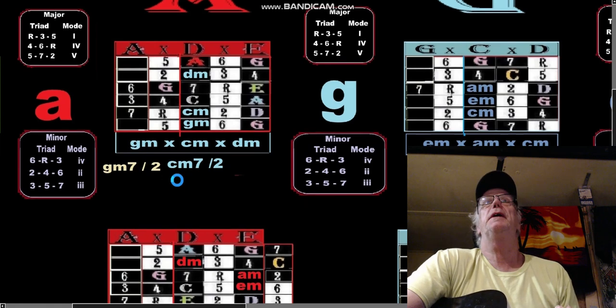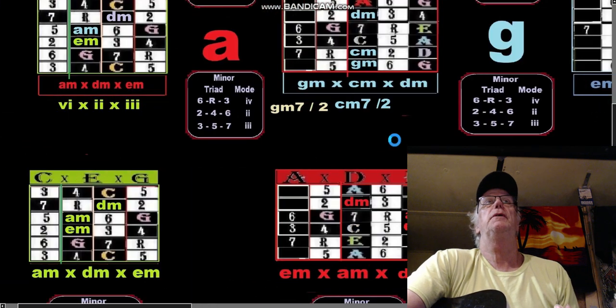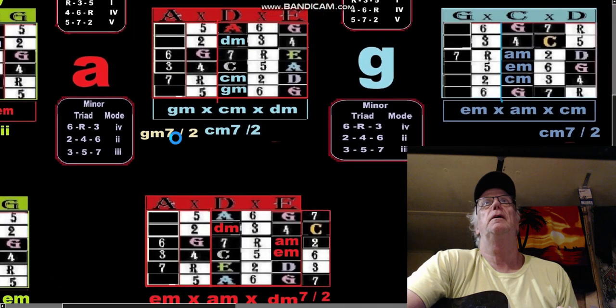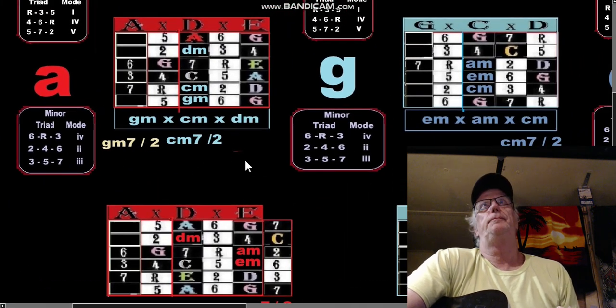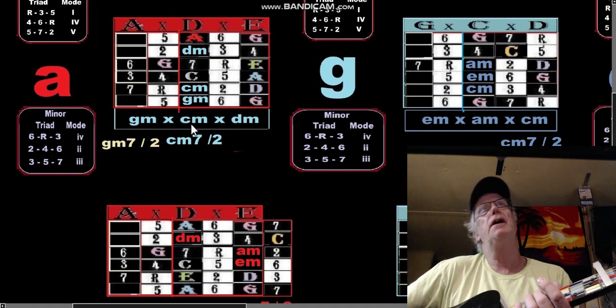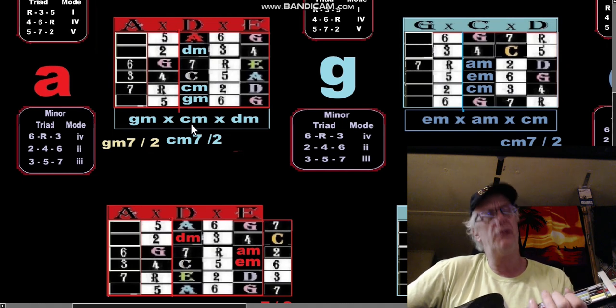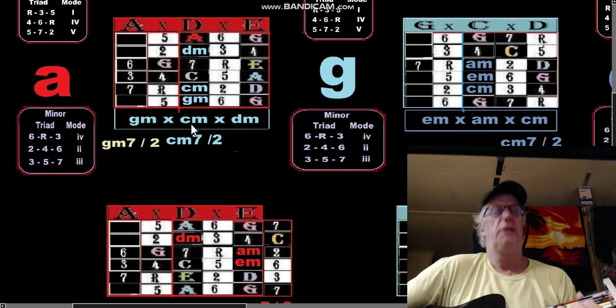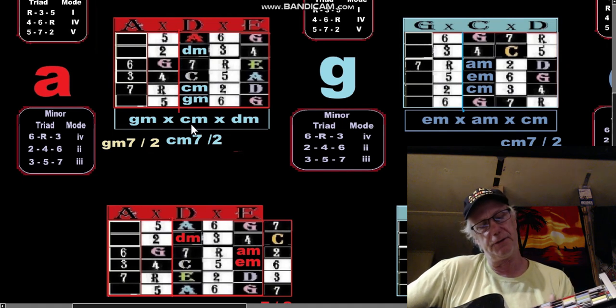It's 6 minor, 2 minor, 3 minor, all of them. So this will be the second minor, this will be the third minor. So we've got the second minor, we've got 6, 2, 4, and then 6, and then on up here 2, and then on string here to 4.